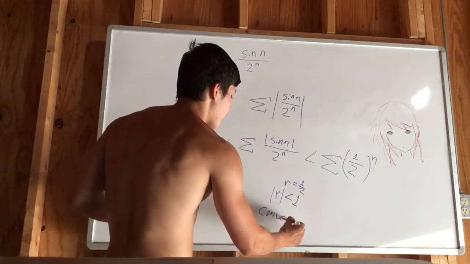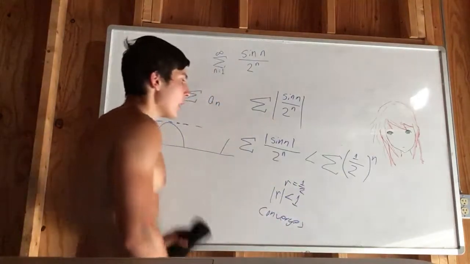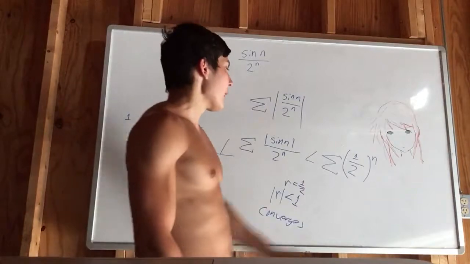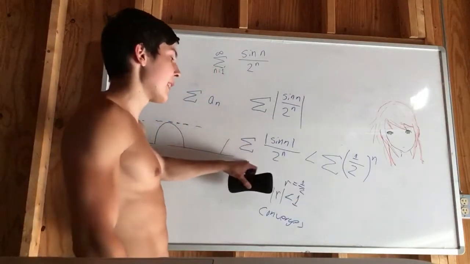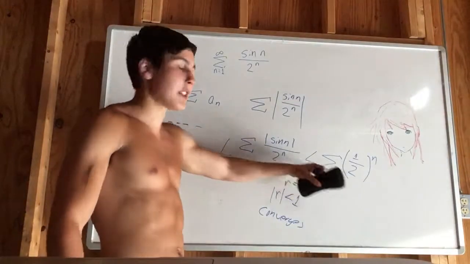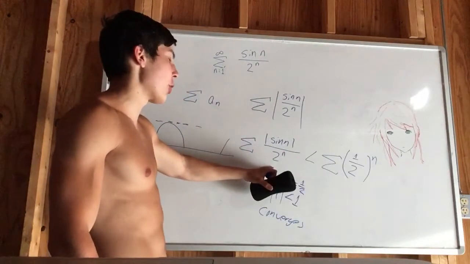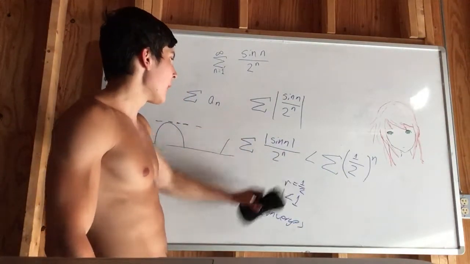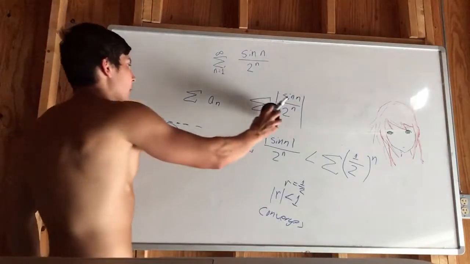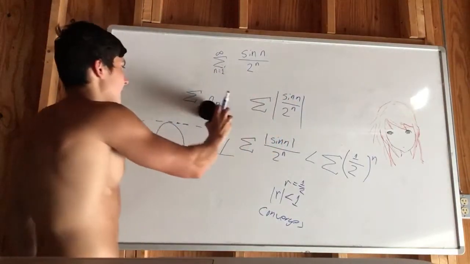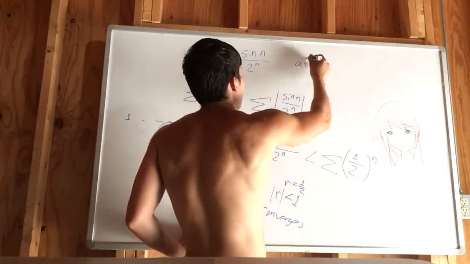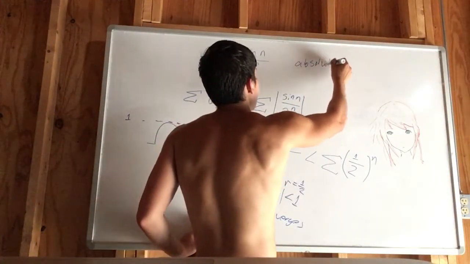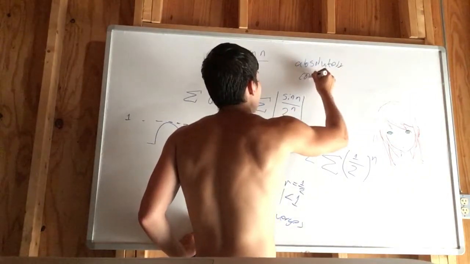And in this case, it is less than 1. So that's telling us that this converges, and since this series is less than that series, this series must also converge. Since we're doing the absolute value of this series, it absolutely converges.